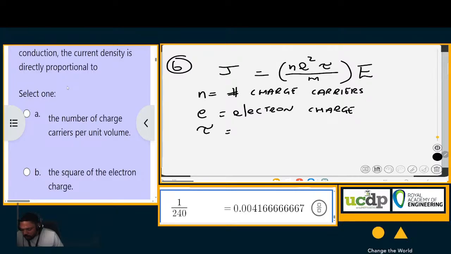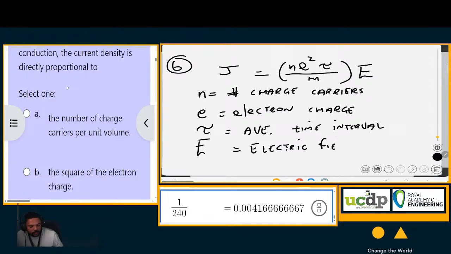Tau is equal to the average time interval between collisions, basically the mean free path. E is the electric field. And m is the mass of the electron.